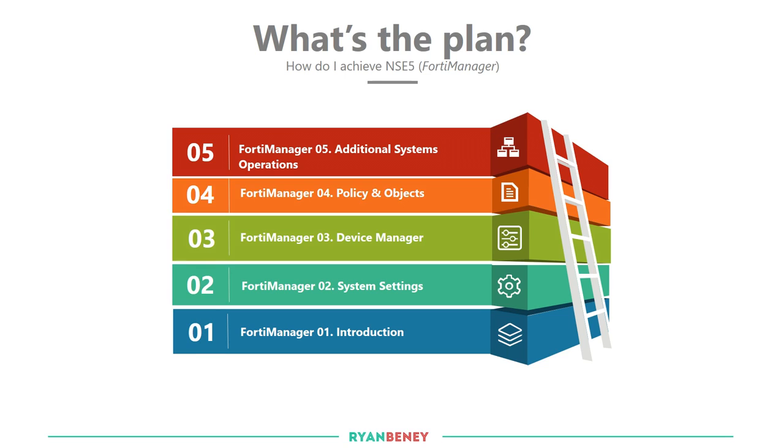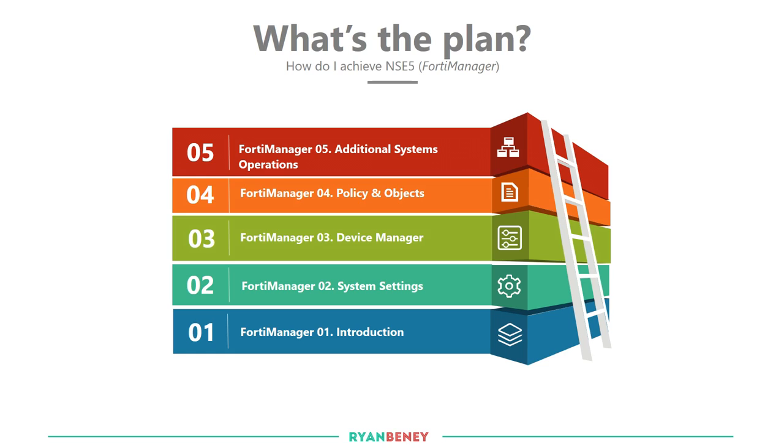We then moved into Device Manager, an overview of adding devices into the FortiManager and some of the settings that you would expect to find which are device specific, such as pushing down DNS settings, pushing down interface configuration, new VLANs and so forth. And then we compared that to the policy and objects, which was the most recent element that we went over.